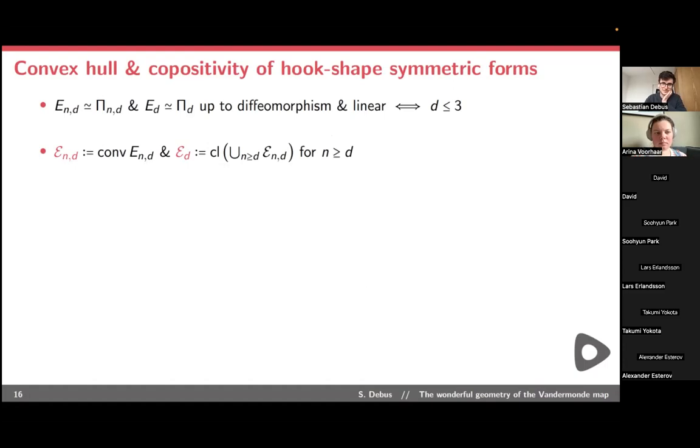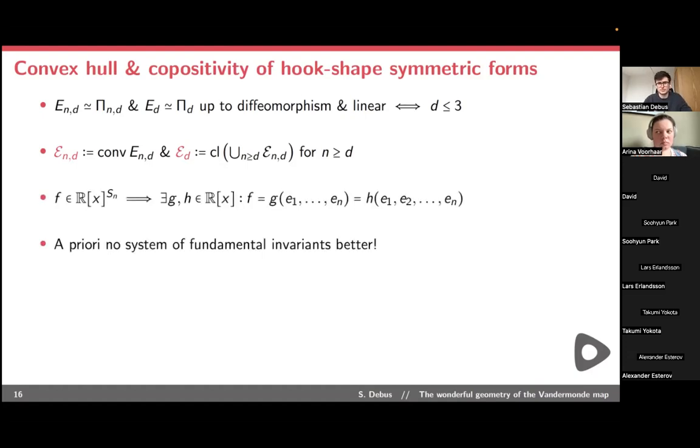This is not a linear map; it's only a linear map if the dimension is very small, at most 3. Now we want to give some arguments about the convex hull of the image of the probability simplex under the elementary symmetrics map, and the image at infinity for fixed D of the elementary symmetrics map.